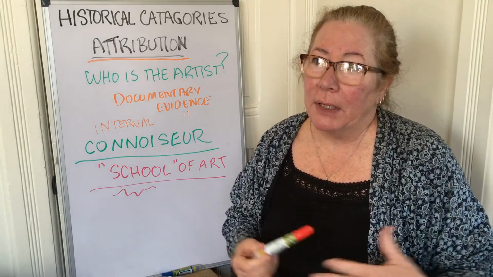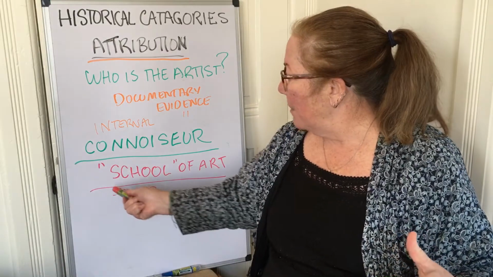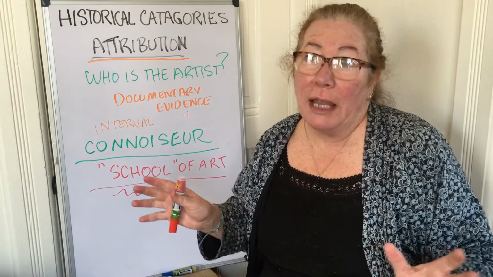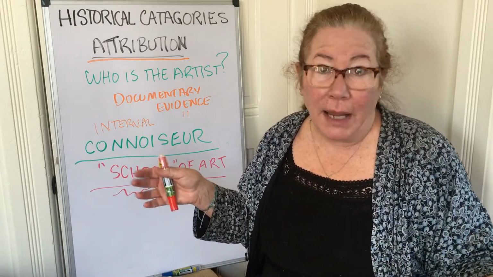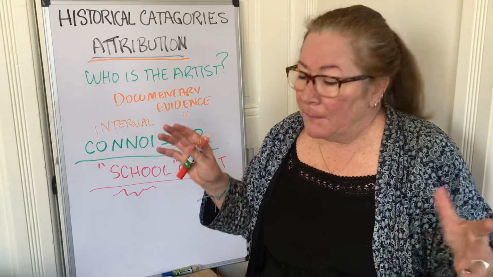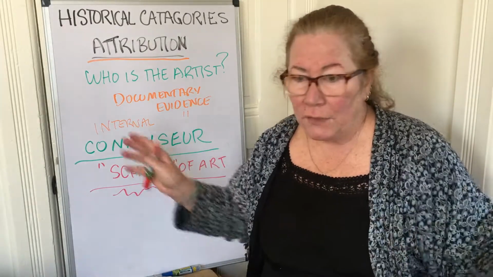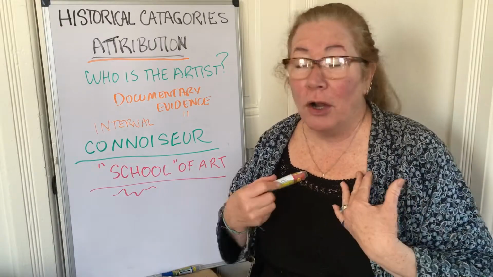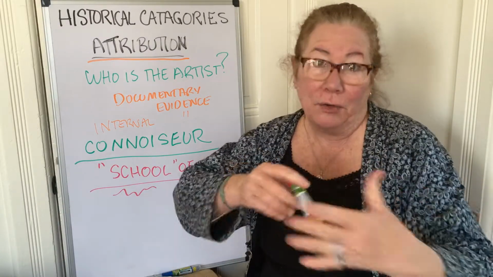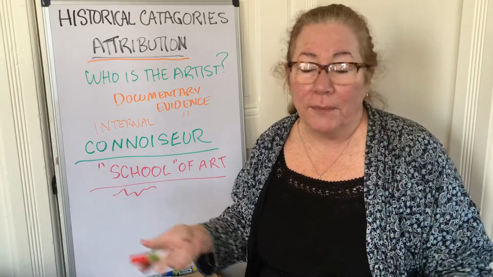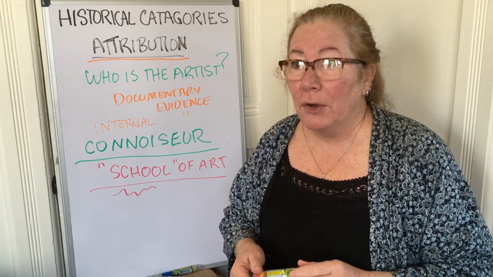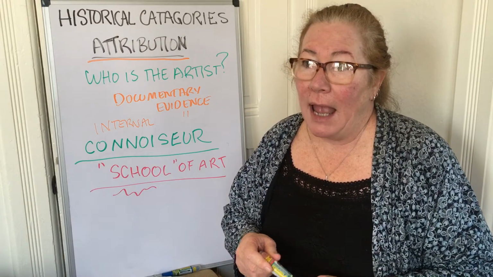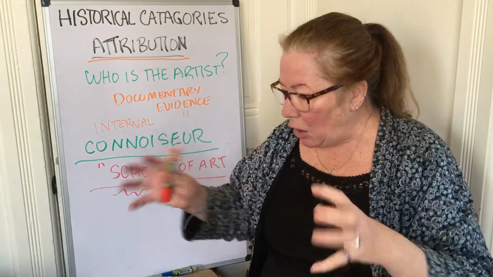So a school of art is artists working in the same general area. Maybe it's the same city, let's say Florence, in Italy. A bunch of artists are working there and they all know each other. Just like in our culture, artists tend to gravitate together, and they influence each other in their style.